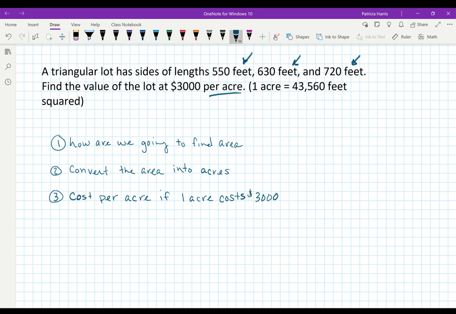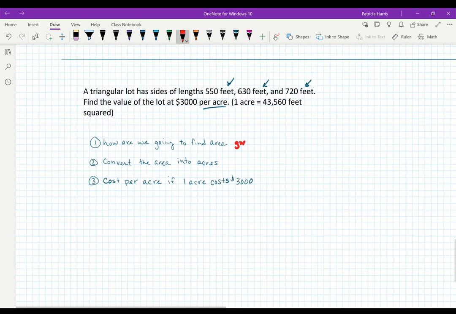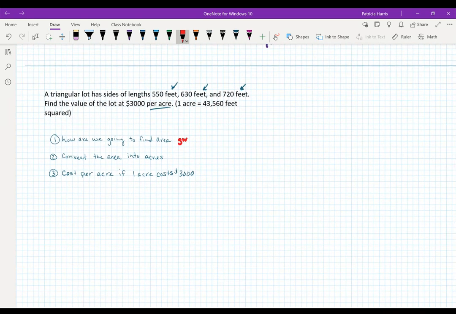Okay, so the first question, how we're going to find area. I noticed that we are given three sides and no angles. So that leads me to believe we're going to use Heron's formula.